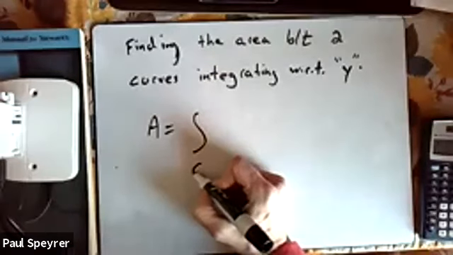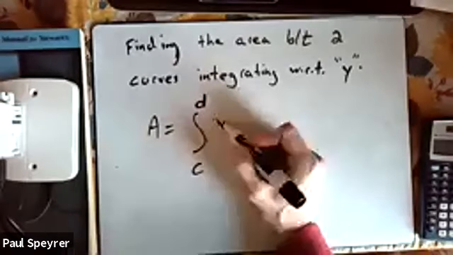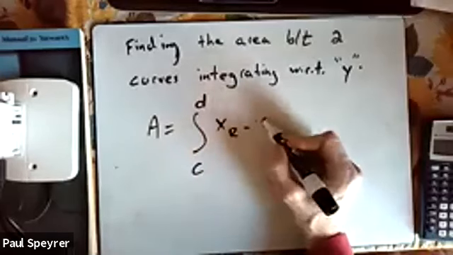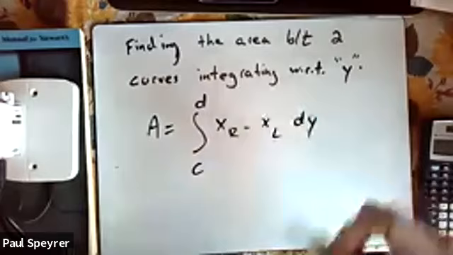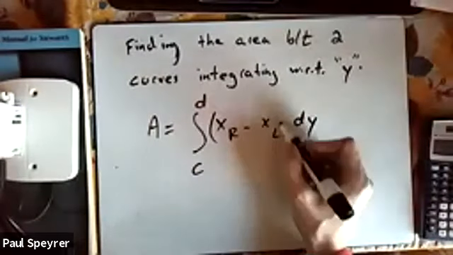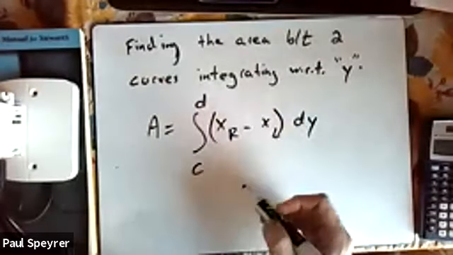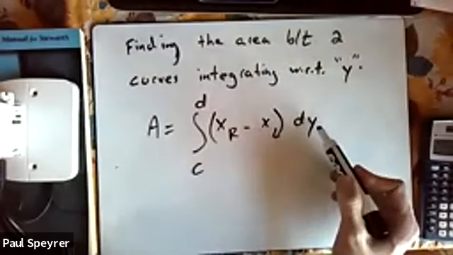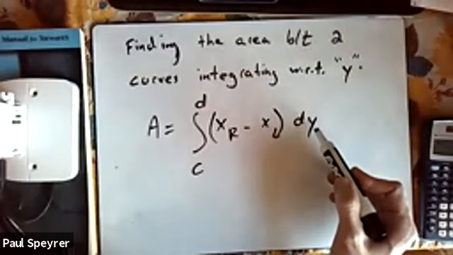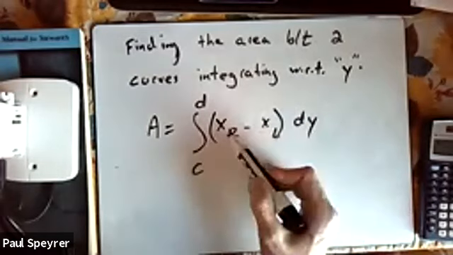we're still subtracting two curves, but now I have this XR minus XL and then dy. So slightly different notation, right? If you notice right here, this is dy right here, and our x's instead of y's.